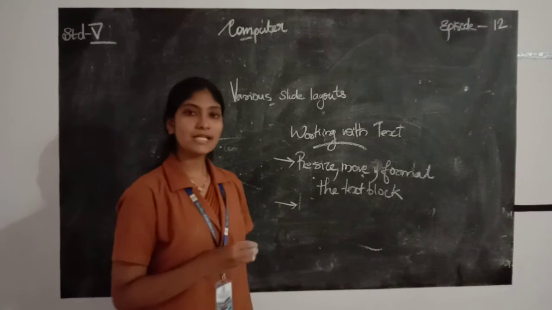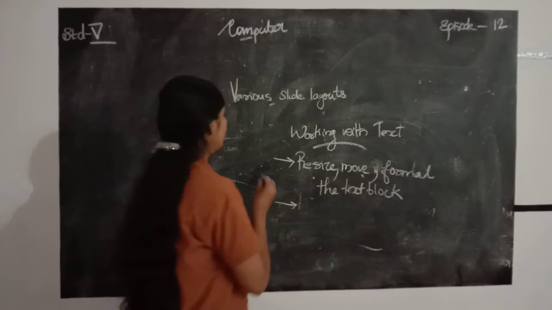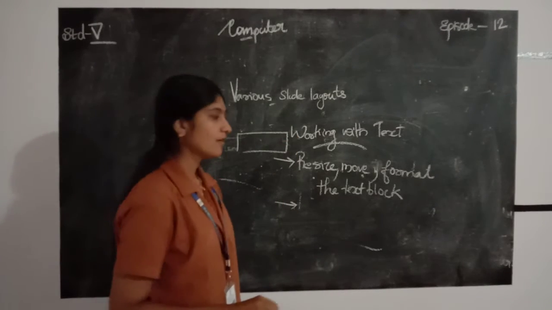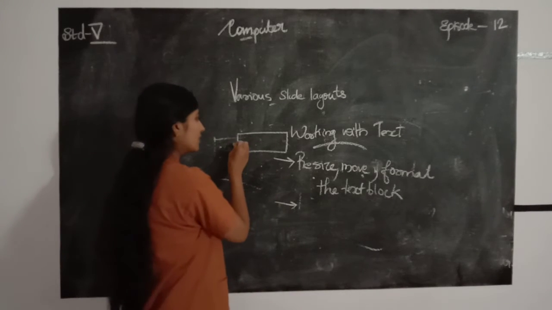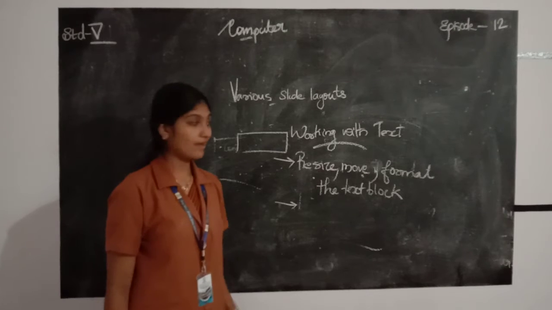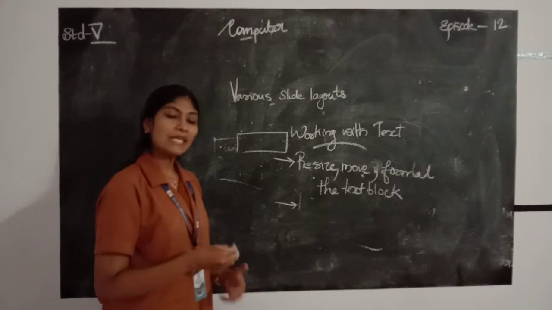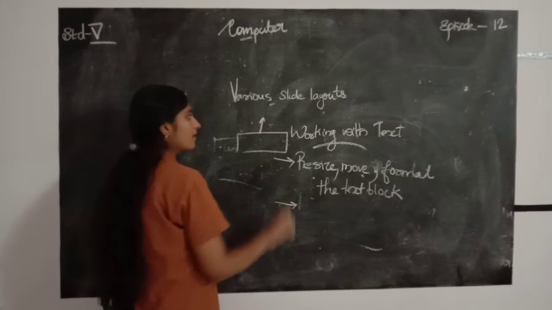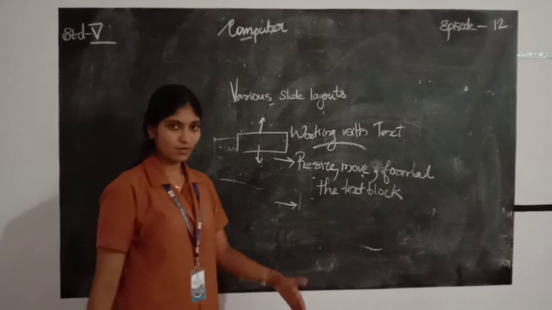Then how to resize or move the text block? For example, here this is the placeholder. First I just click on it and a dotted line or border comes surrounding the text, and then if you want to increase the height, just drag the upper portion or drag the lower part.